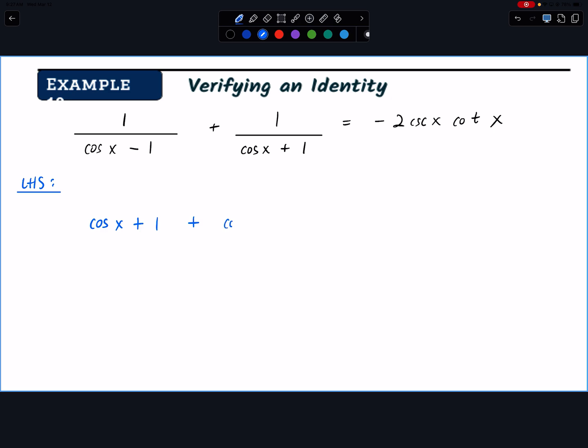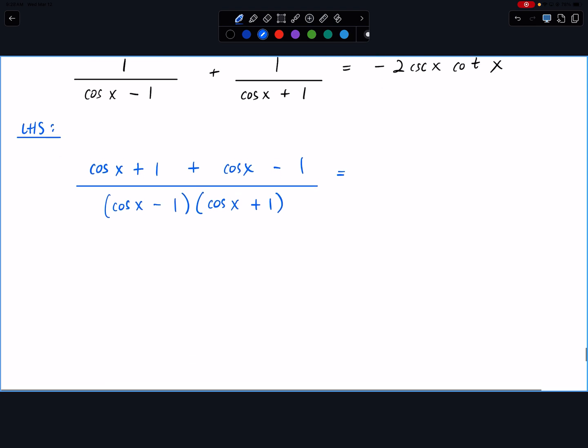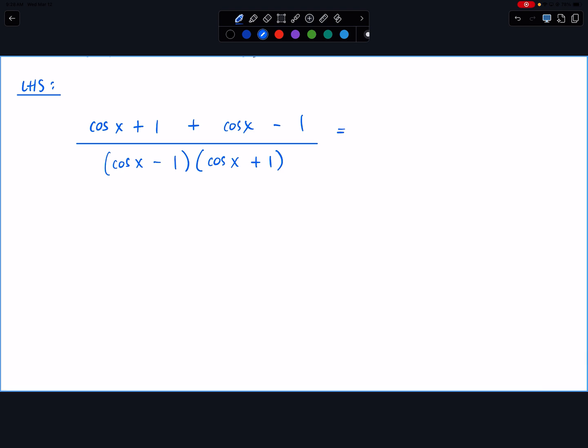So plus cosine of x minus 1 all over cosine of x minus 1 times cosine of x plus 1. Combine like terms. Did you guys notice anything on top? The ones cancel. If I combine like terms on top, what do I get? 2 cosine of x all over.